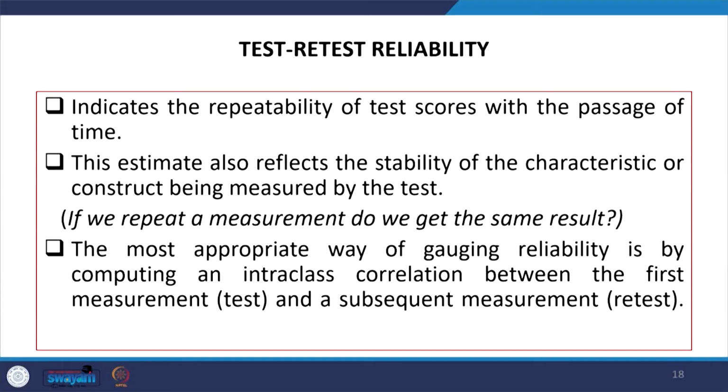If we repeat a measure, we should get the same result again, and we need to cross check whether we actually do. The most appropriate way of gauging reliability is by computing an intra-class correlation between the first measurement or test and a subsequent measurement or retest. So, intra-class correlation is essential in this case.